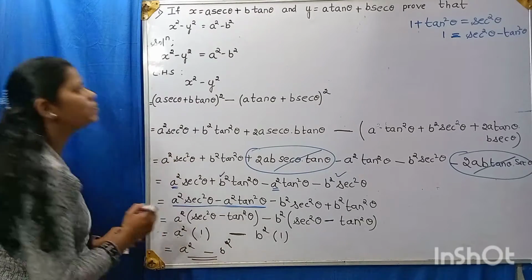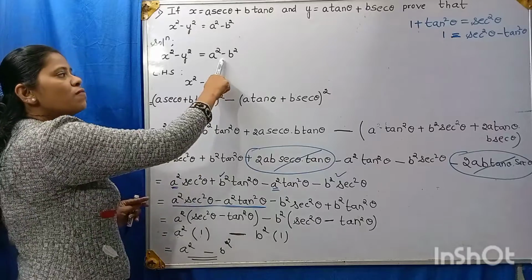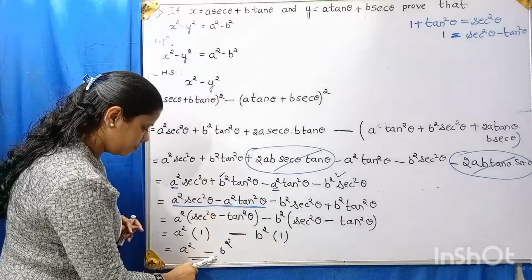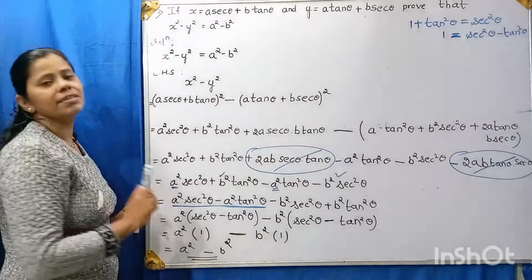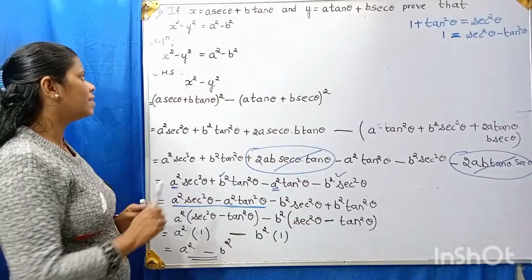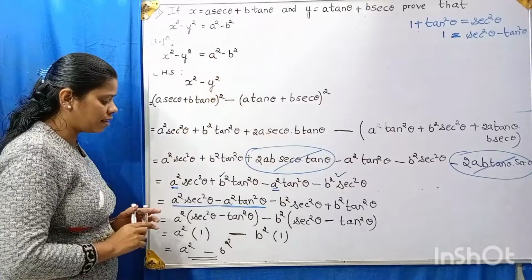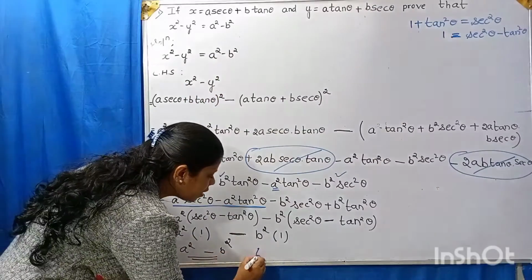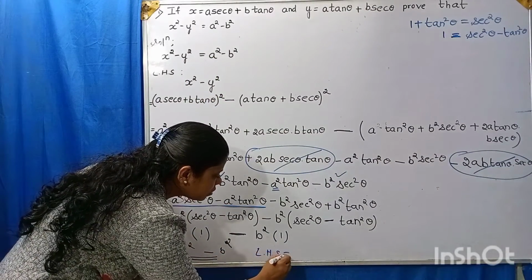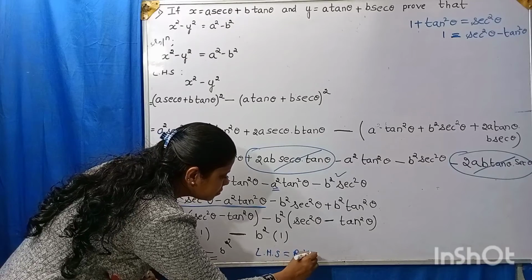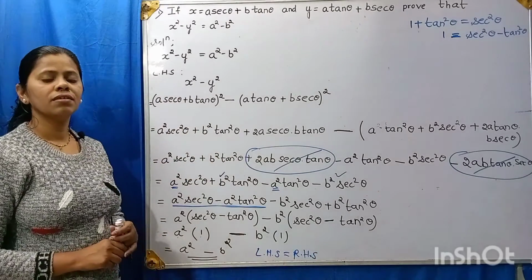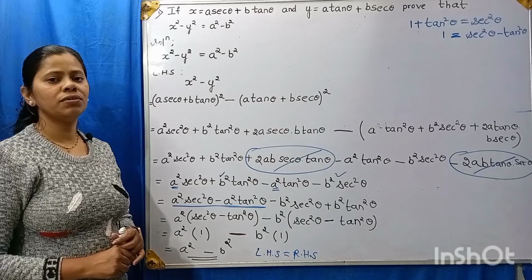A square minus b square. That is what we have to prove. We proved that LHS is equal to RHS. That is x square minus y square is equal to a square minus b square. LHS is equal to RHS. Hope you have understood. Thank you.